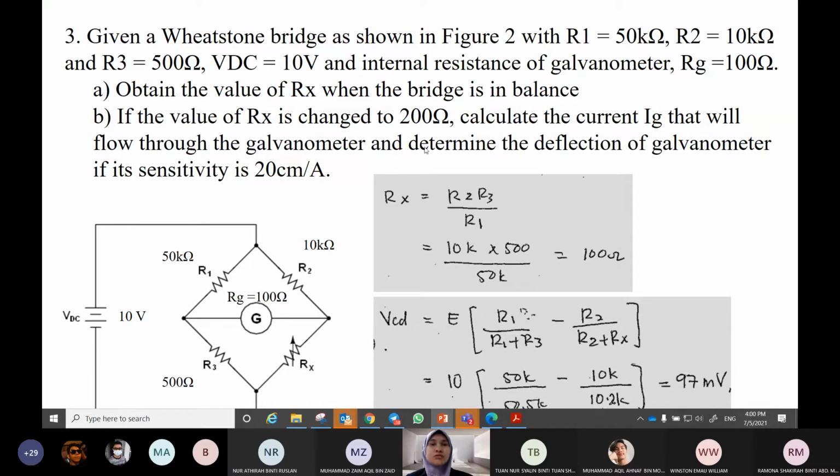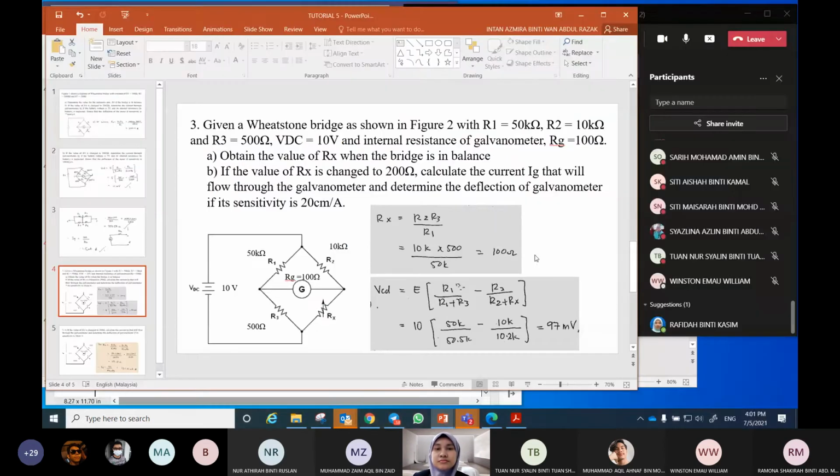Okay. So now when the circuit is unbalanced, current will flow through the... Sarah?